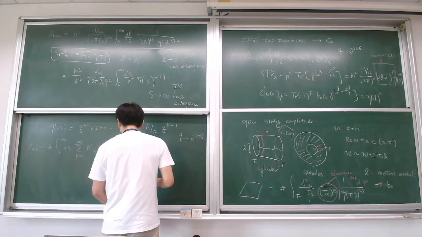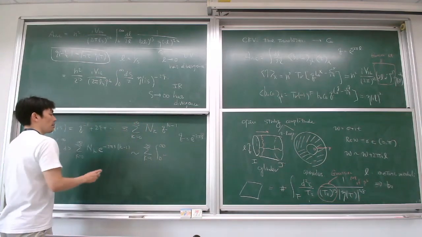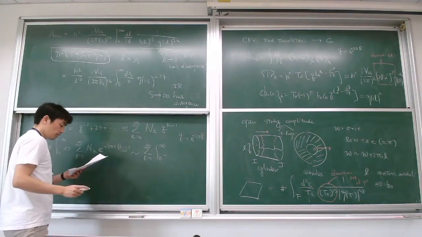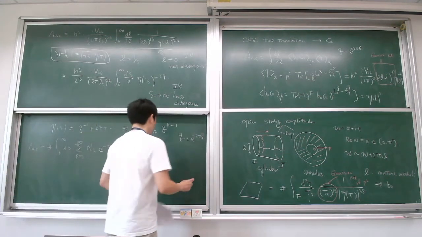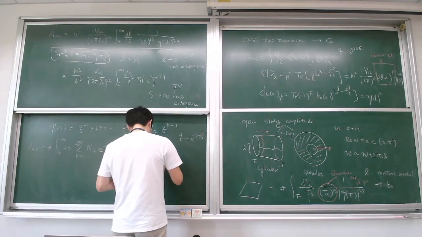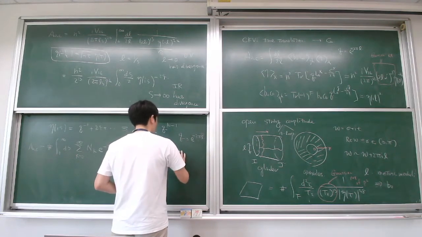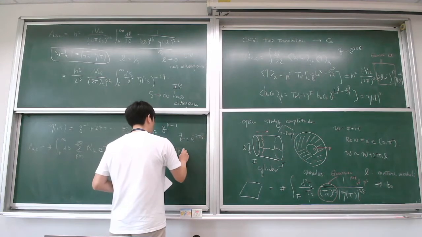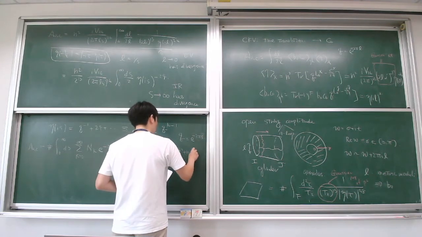So k minus 1 can be understood as the momentum of these states. I should use p squared plus m_i squared.